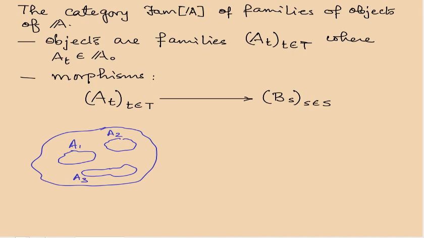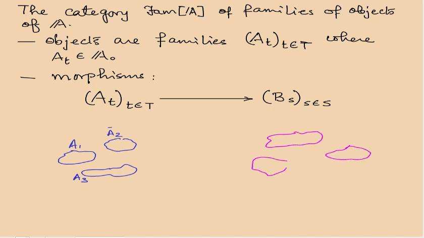And this is another family, B_a. So your S is A, B, C, D, and T is 1, 2, 3.